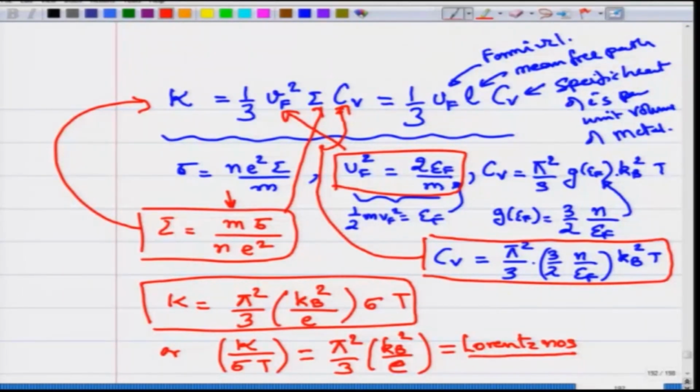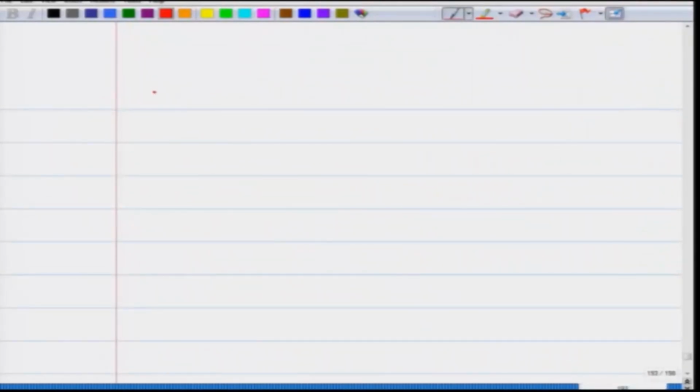Even if you are looking at Sommerfeld's theory, you are getting the Wiedemann-Franz law validated.